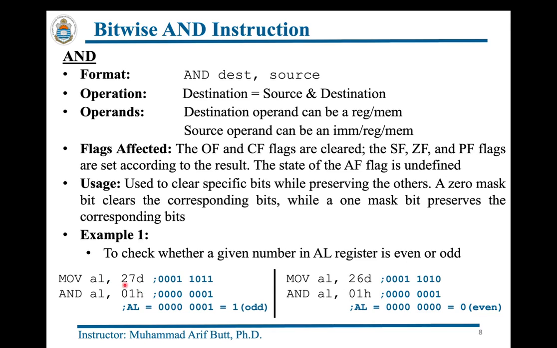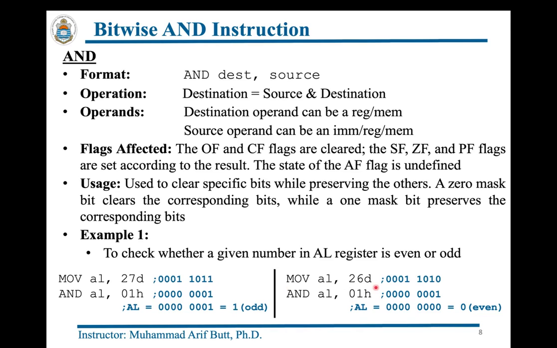Over here we have a decimal value 27 in the 8-bit AL register. Binary is shown over here. And once we perform an AND operation of the contents of AL register with 01 hex, we get this value. So since this is an odd number, you get a 1 as output.